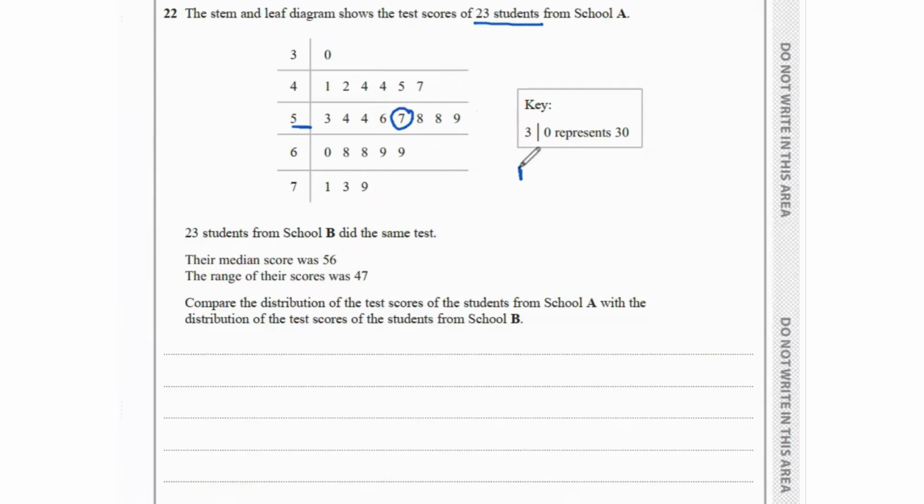Yeah. Median is 57. And then for range, it's maximum minus minimum. So 79 minus 30, that's 49. Least score is 30, highest score is 79, so we subtract them.